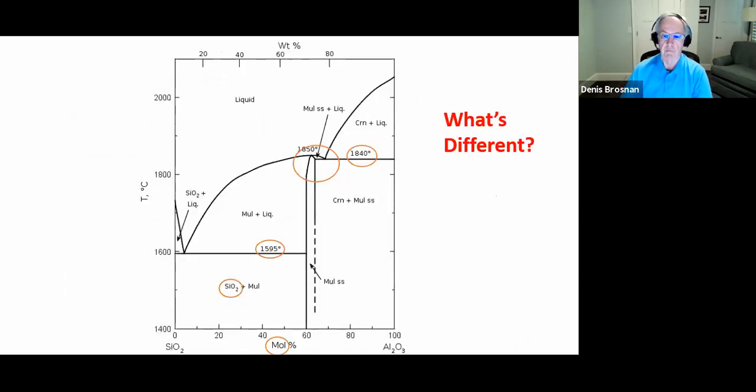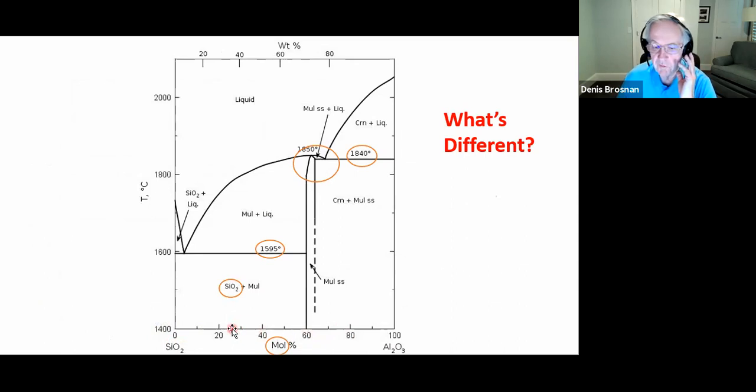In this diagram, we still have the silica alumina system. Remember, here's silica, increasing amounts of alumina. But look down here, the horizontal axis is in mole percent. So it's a little different than the previous diagram.